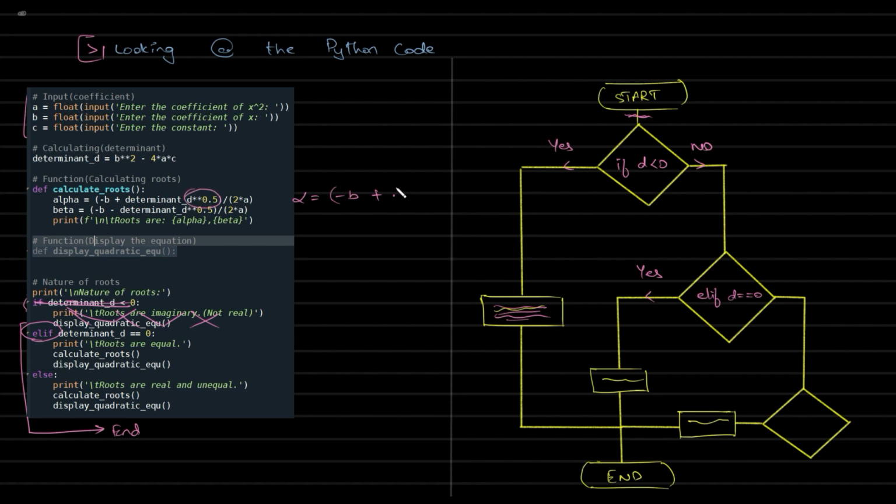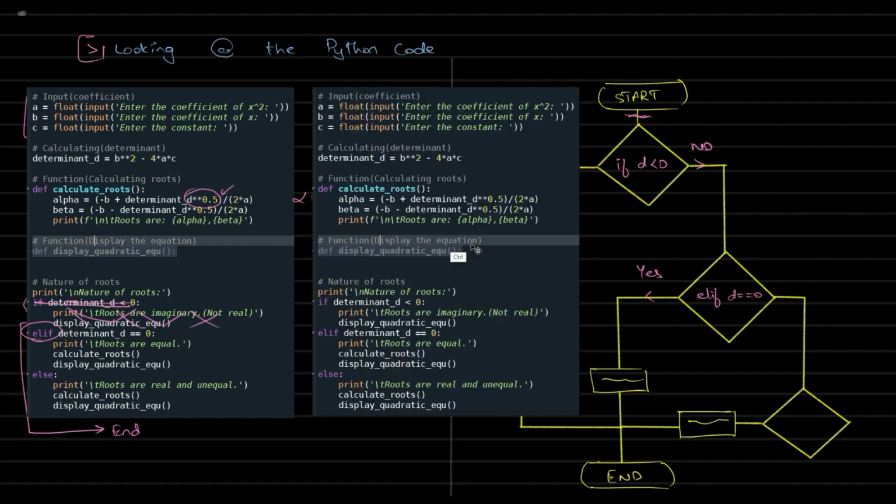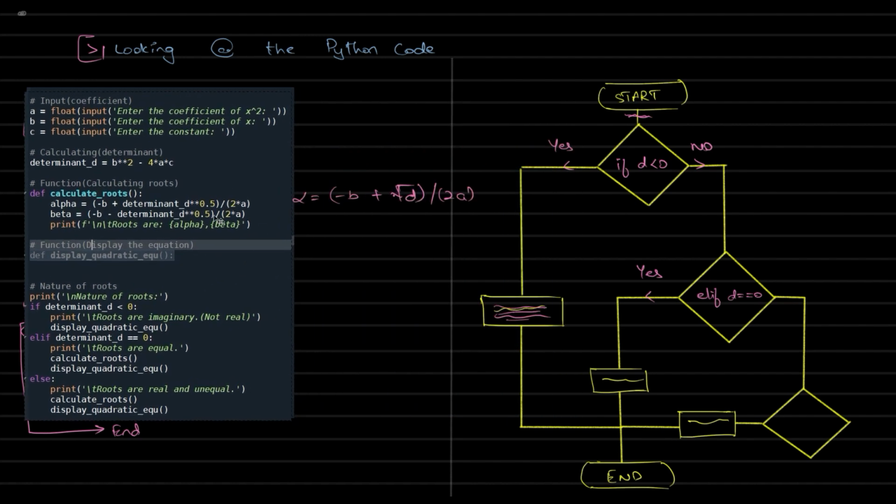Double star means to the power of. 0.5 is nothing but 1 by 2, that is nothing but square root of d. I have closed the bracket over here, you can't see that, divided by 2 into a. Okay, that's how we determine alpha, and beta is minus b minus square root of d divided by 2 into a.